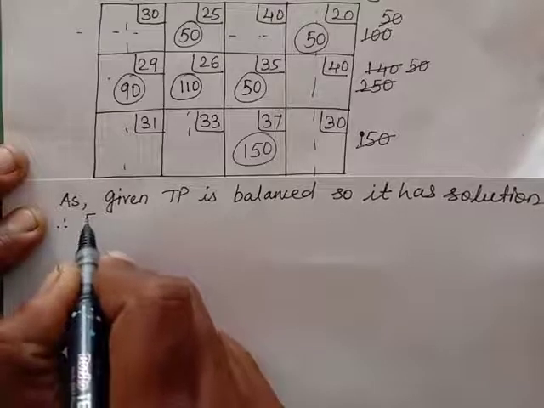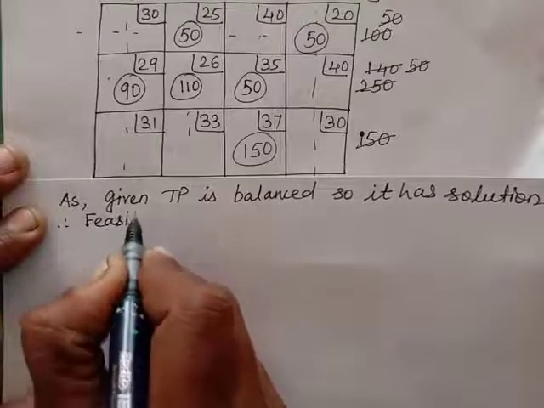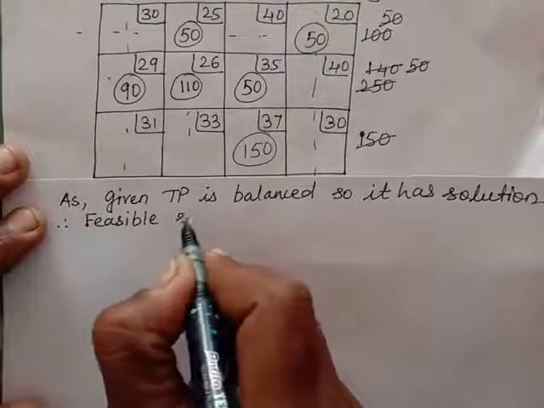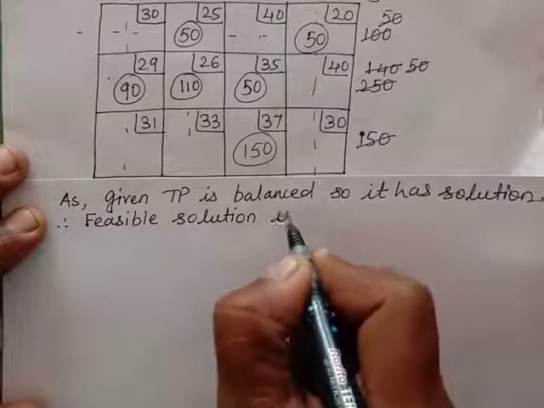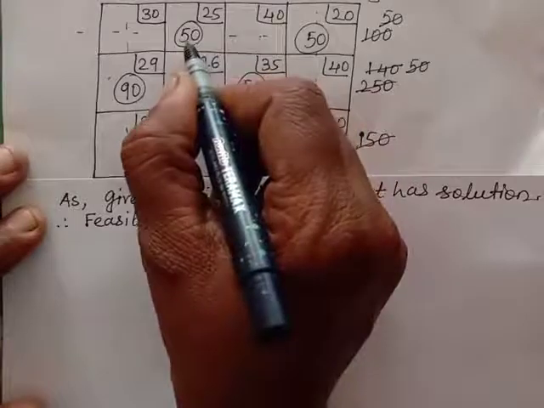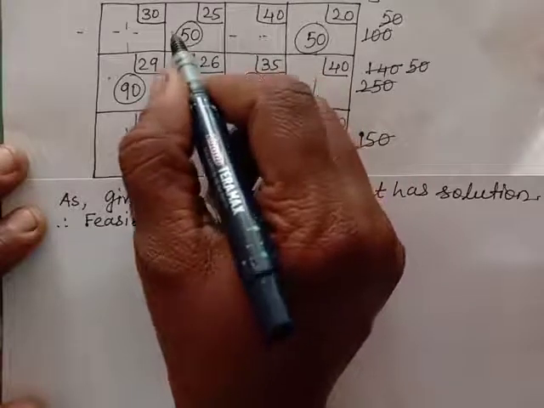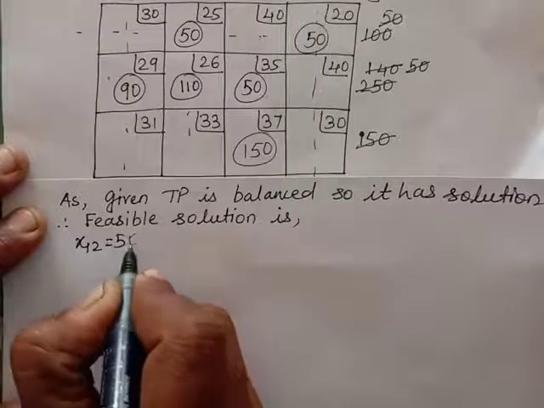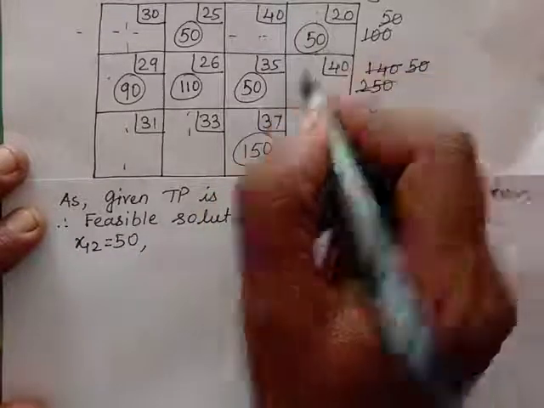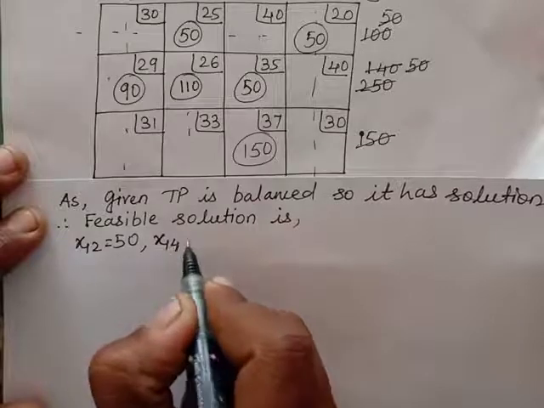Therefore the feasible solution is this one. What is this position? At 1 2. So I must write x12 is equal to how much? 50 we get. Allocation is 50 there. This is x14. x14 is 50.